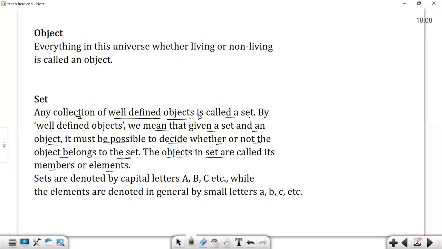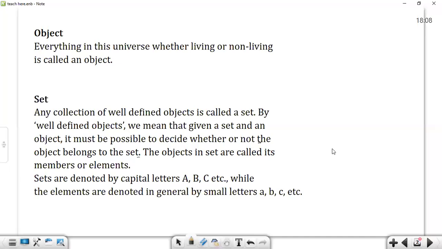It has to be very clear to us. The objects in the set are also called its members or elements. Sets are denoted by capital letters, while the elements are denoted in general by small letters. This is a general thing, not a rule.